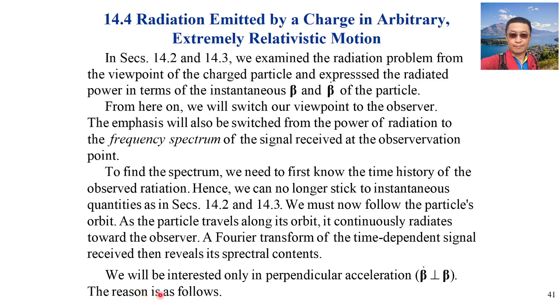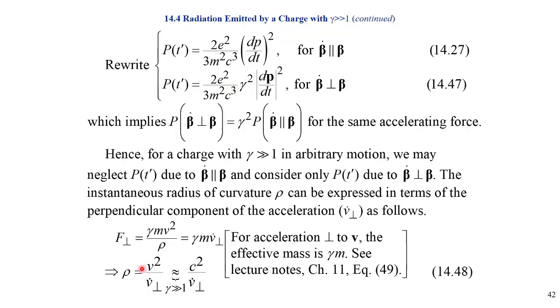The reason is as follows. Actually, we have explained why we like this one before, but I will reiterate again. Look at this equation. Equation 14.27 is for a parallel acceleration. We have the total radiated power.